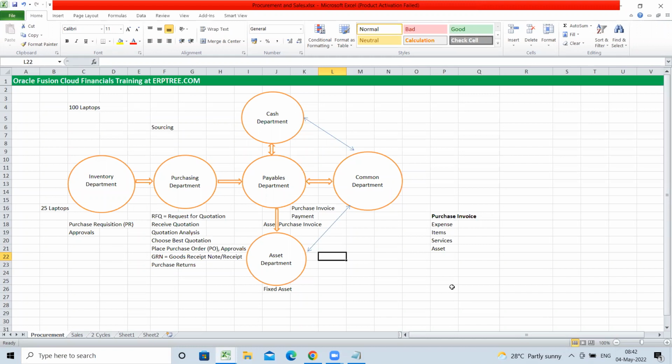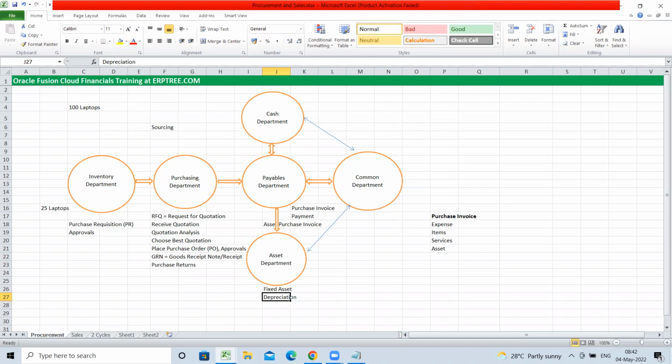And based on the usage and all, we'll calculate the depreciation. Depreciation means, say we purchase one vehicle. Maybe after 1 year or 2 years, if you look at that vehicle's valuation, the value will come down. So how much value we have to reduce to identify the current value of that asset?